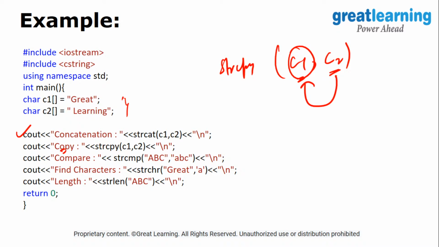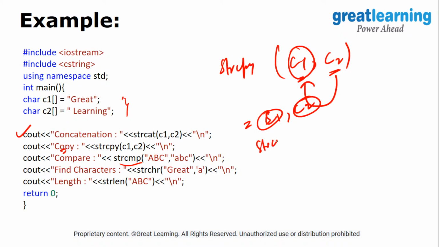Is this thing clear? What will be the output here? You are just copying it, so you won't get any output. If you want to see the output, you just need to print out C1 and C2. Now both of these strings will have the same content.